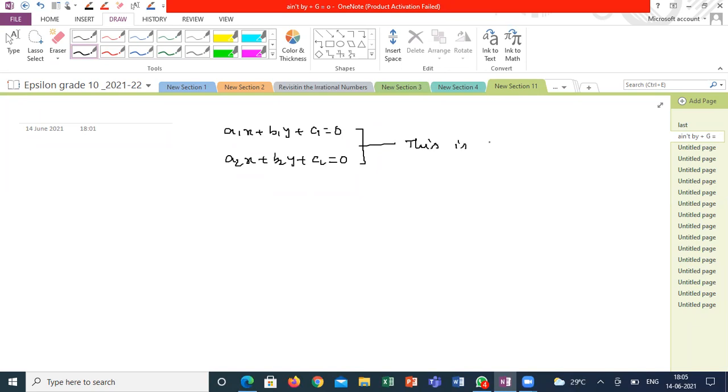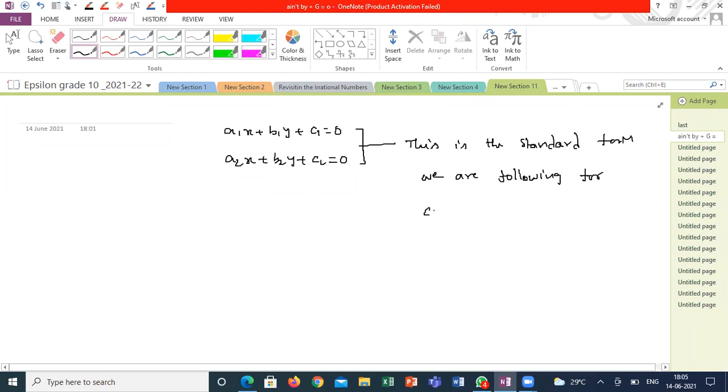This is the standard form we are following for the cross multiplication method. It's a general procedure to solve this.